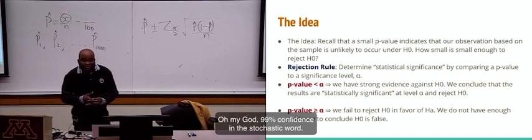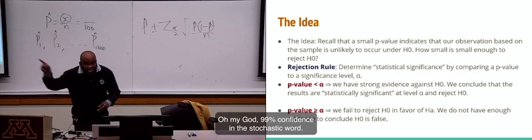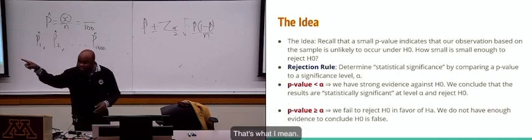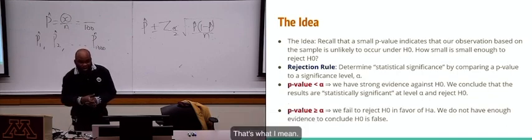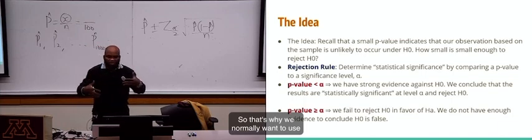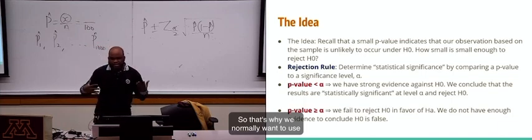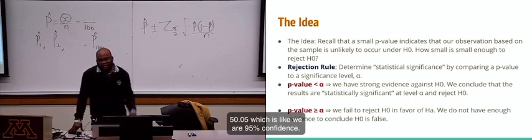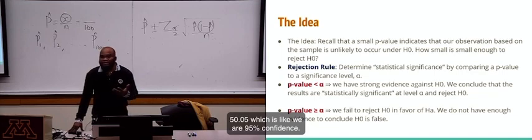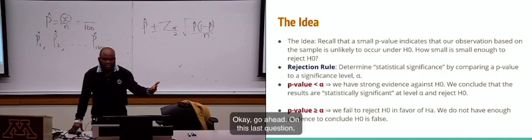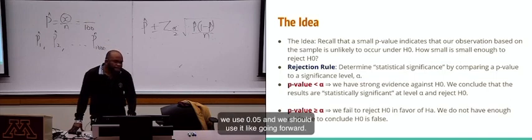Oh my God, 99% confident in a stochastic world. That's what I mean. So that's why we normally prefer 0.05, which means we are 95% confident. Okay, go ahead. So on this last question, we use 0.05, and we should use it going forward.